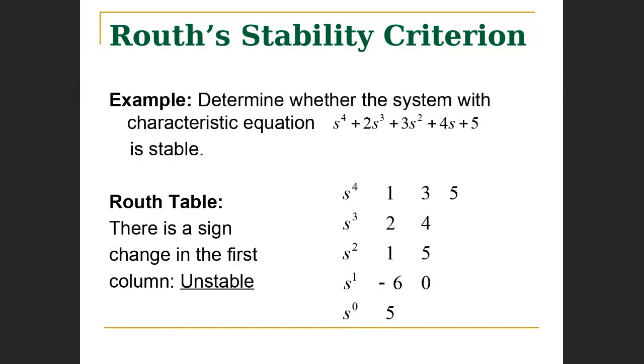Now comes the exciting part. How do we determine the first element in the third row? So remember what we're going to do. We're going to use this, and then divide it by the term here.